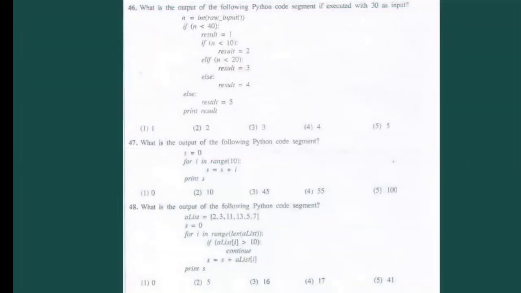Go to the next one. The printing quality, scan quality is not good, or doesn't matter. First one says, what is the output of the following Python code segment if executed with 30 as input? If n equals 30, then n should be less than 40, result equals 1.